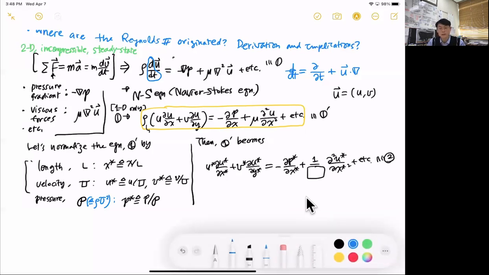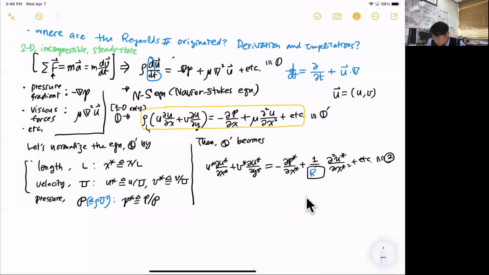All the parameters here we define as the Reynolds number: rho times velocity times characteristic length divided by mu. This is called the Reynolds number.